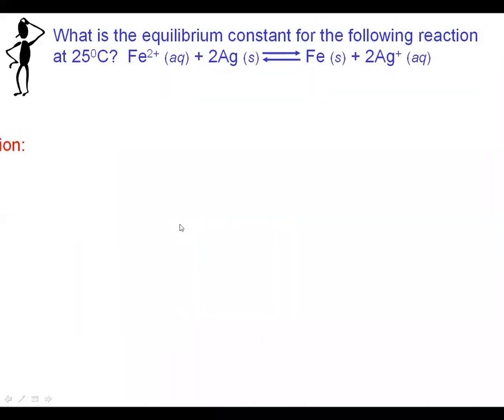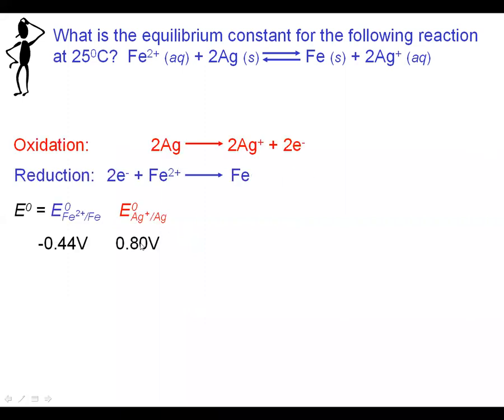All right. So why don't you try another one here? I guess I'll give you some values. I don't see them up on the screen, so we'll go with this. There's the values. I told you what's being oxidized and what's being reduced here. So here's the SRP values.